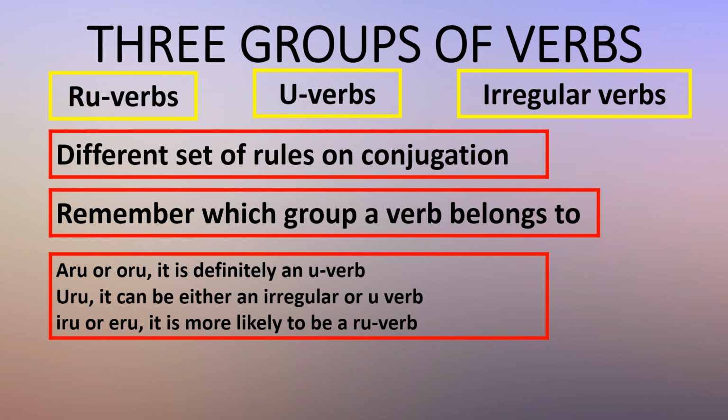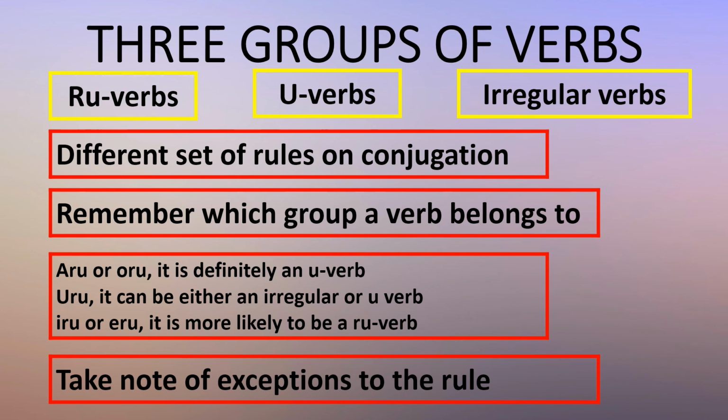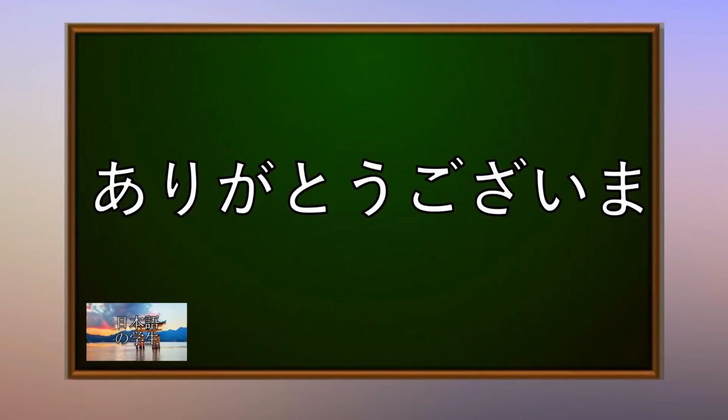Iru or eru, they are most likely to be ru-verbs. But also take note of exceptions to the rule. Maybe there are some that I have not yet tackled, some that I missed. So take note of exceptions when you learn Japanese verb conjugations.